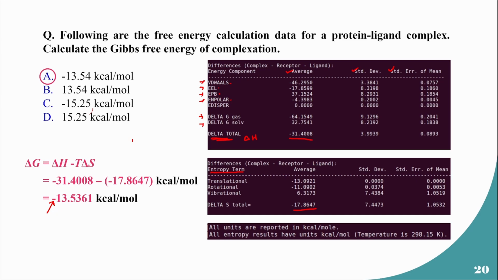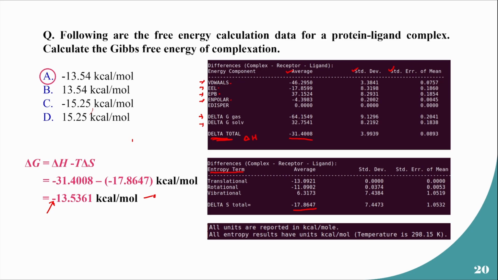Since energy is being liberated outside, the entire system is becoming more stable, and more stable is better in terms of binding affinity, of course, because we want our drug molecule to stably occupy the binding region of the protein. So that is good, right? Let's say we had this minus 13.5361 kcal per mole.